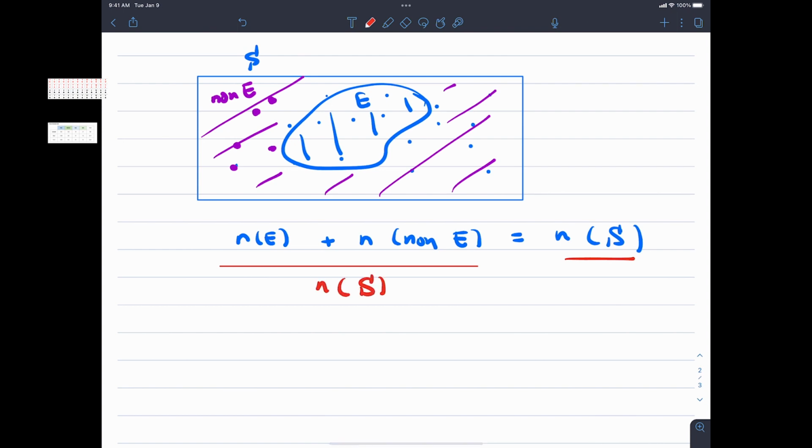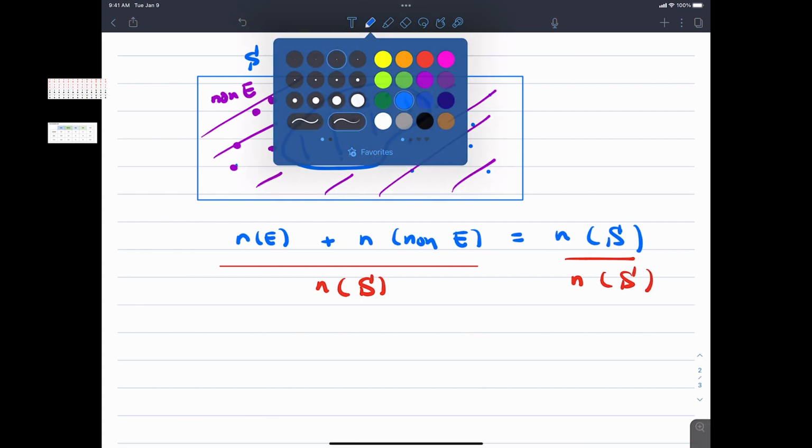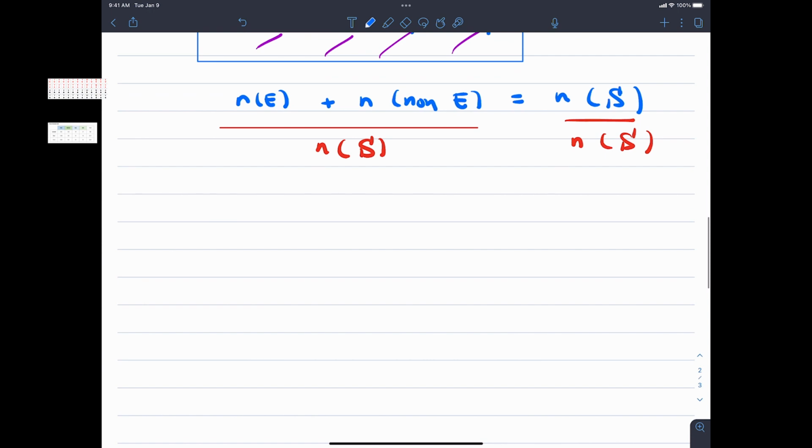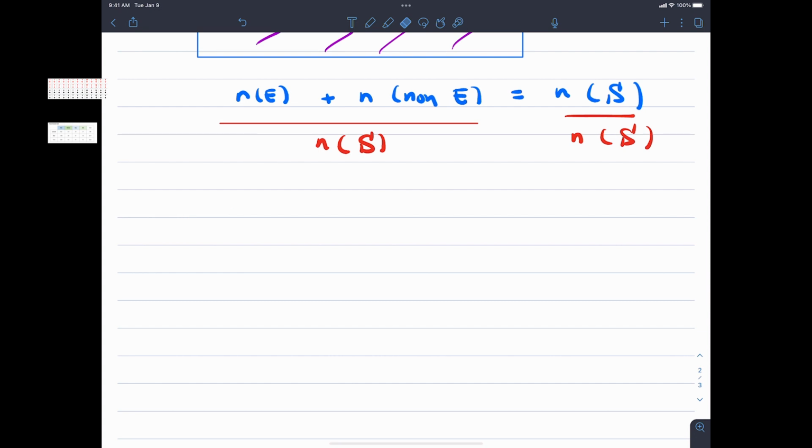So in this case, I divide both sides by N of S. On the left side, I can distribute my division by N of S, and that will equal 1. You guys okay with that? Because anything divided by itself on the right side, N of S over N of S, is 1.